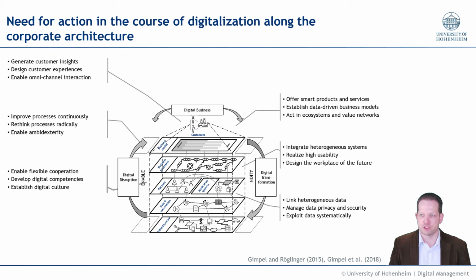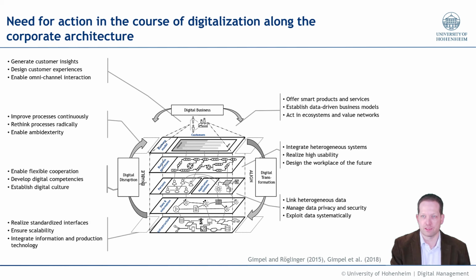I already mentioned data privacy in relation to customer data, but it can also be data of your employees or other persons, which you need to handle with care. And then finally, on the data level, it's about exploiting the data systematically. So really seeing which value is in the data, which knowledge can you get from the data, how can you use the data for the data-driven business models, which I mentioned on the business model layer.